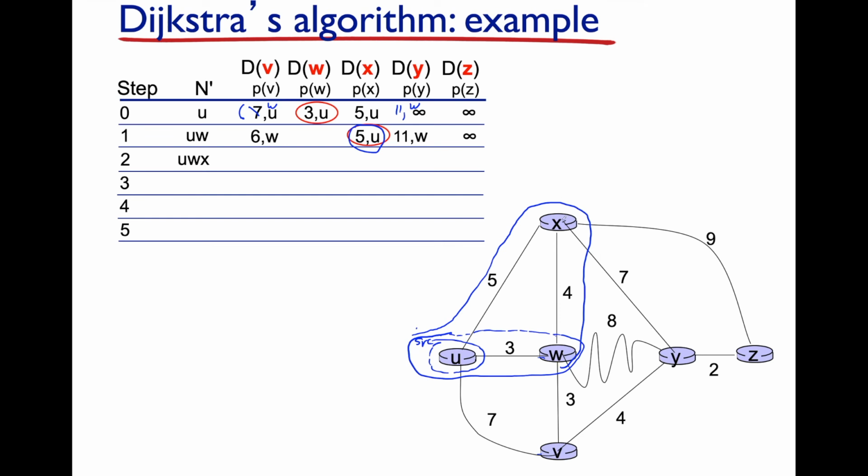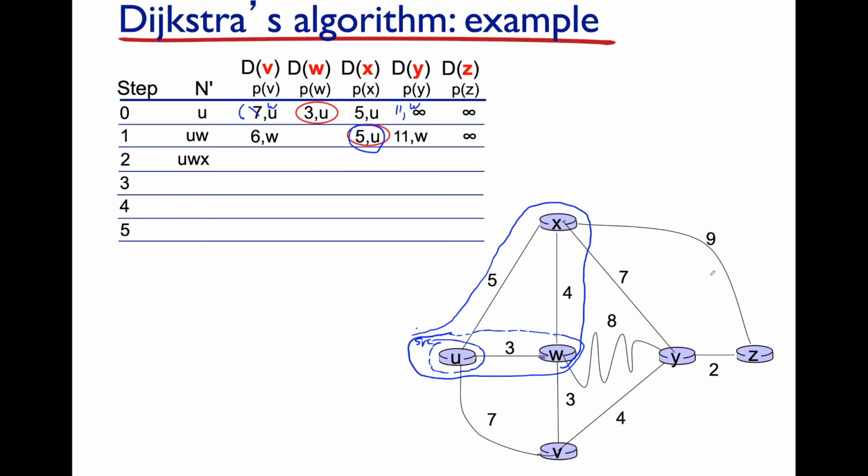And if we go indirectly through X, that is Y, cost of 7 to X, cost of 5 to U. 7 plus 5 is 12. That's greater than 11. So it's much better to keep the old path. So we're not going to make that update. We're going to continue with the 11W.